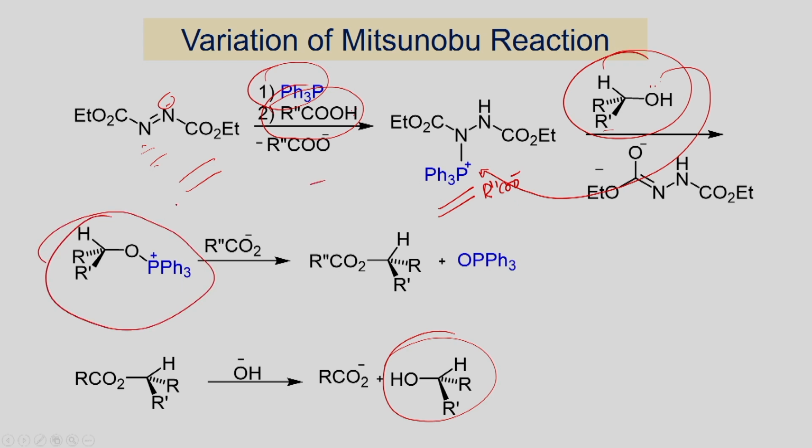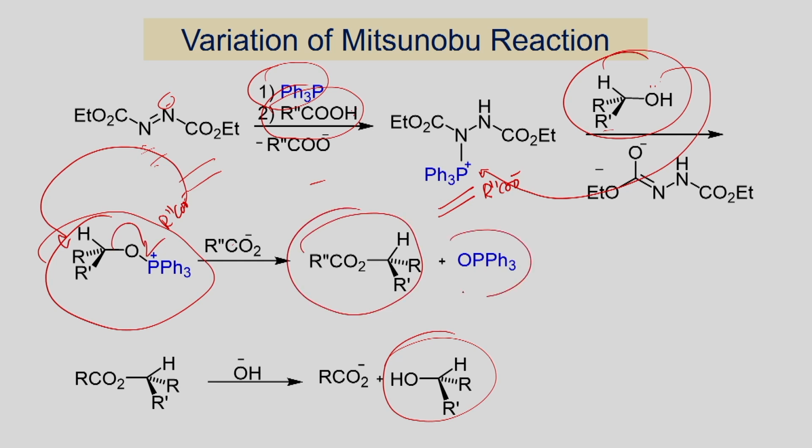Once you form this one, now you have the carboxylate counter ion here, which can now react here, and then you will be able to form this ester derivative, and you generate triphenyl phosphine oxide as a byproduct. This is with the inverted configuration, as you can see here, by an SN2 pathway. The reaction is stereospecific, and you can generate this substitution product with the inverted configuration. Once you form this one, you can do the hydrolysis. You do the base hydrolysis and you get the alcohol as the product.